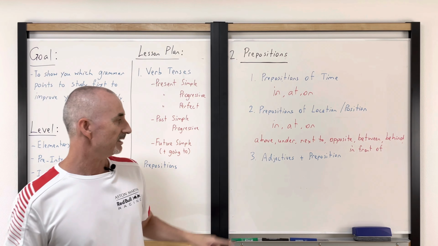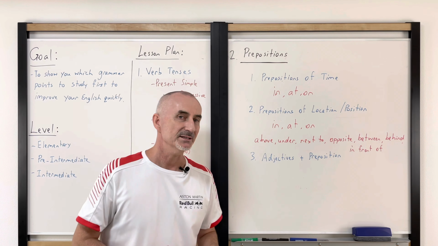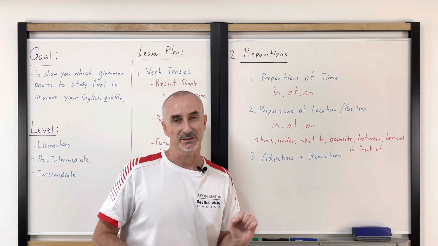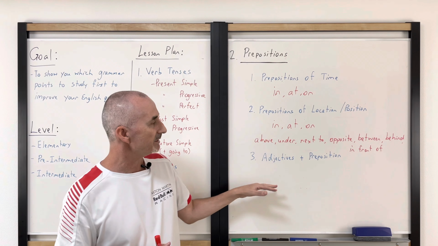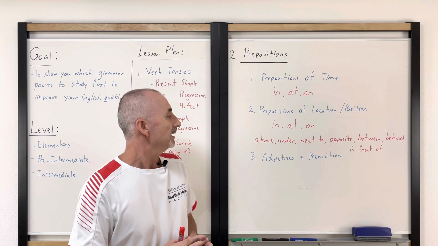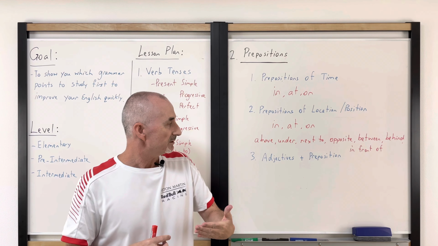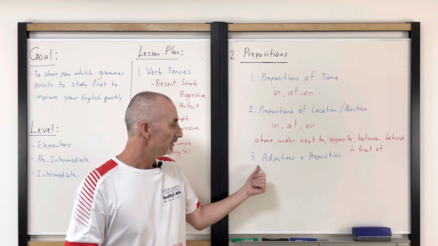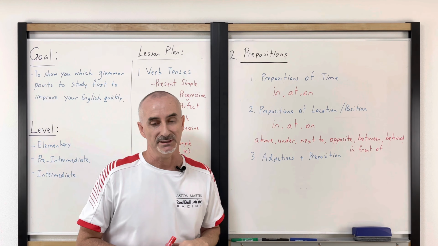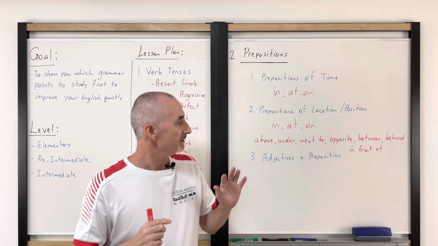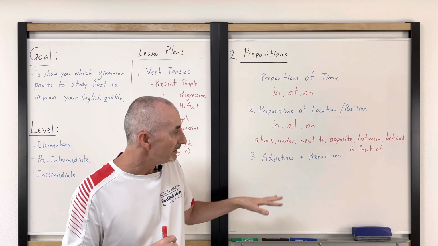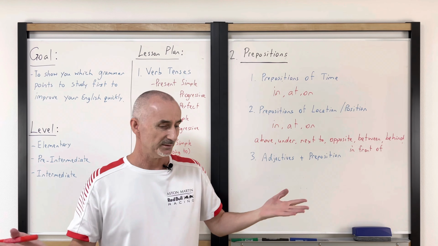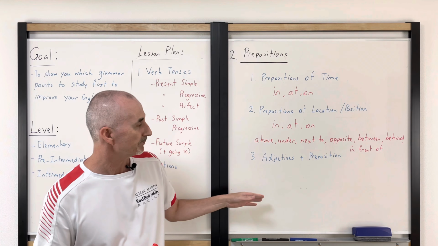Now the next area I want to talk about is number 3, adjectives plus preposition, because this area is more difficult. So a lot of adjectives are followed by preposition. Not all adjectives, but many are followed by prepositions. Now, students often make mistakes in this area, especially here in Japan. They so often make the same mistakes with prepositions.